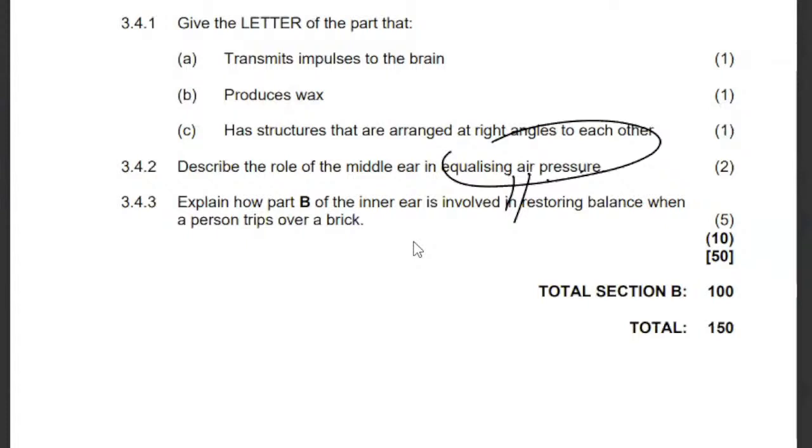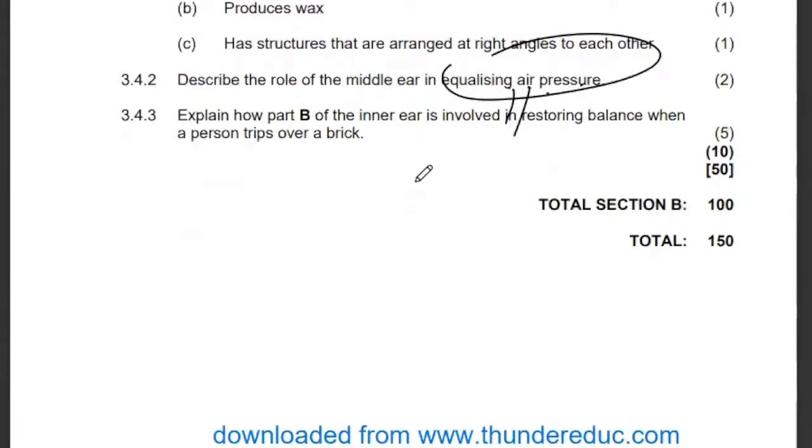I like this question. Yes. So they're saying explain how B, what is B, of the inner ear is involved in restoring balance when the person trips over the brick. Yes, that's position.